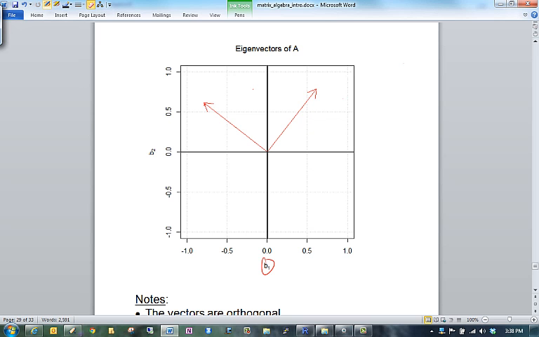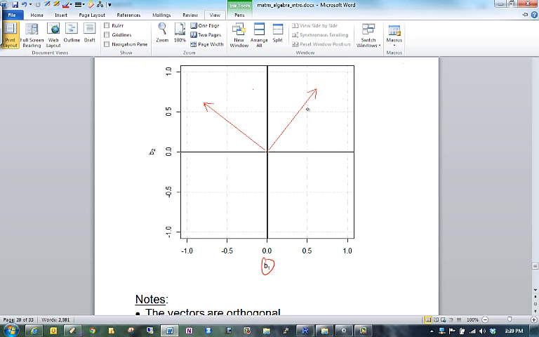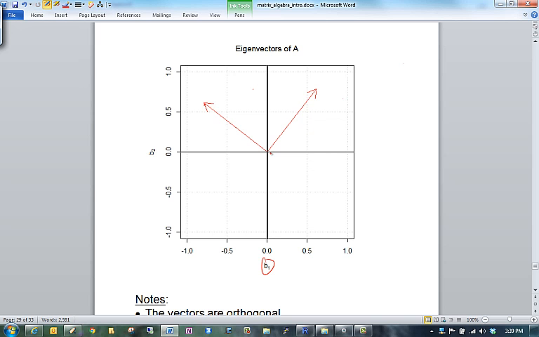Okay. Also, I want to point out the following: if I formed a triangle here, you see the length here is 0.6154. The length here is 0.7882, corresponding to the elements in the vector.